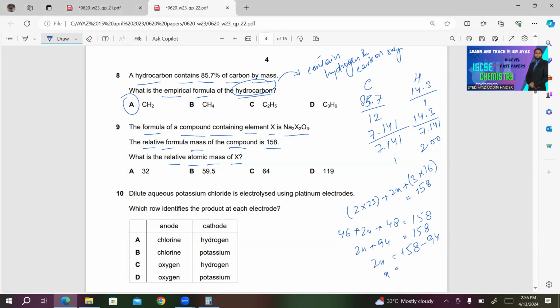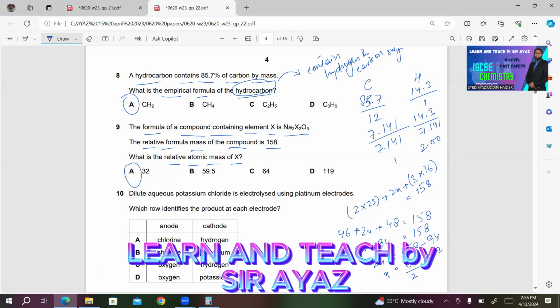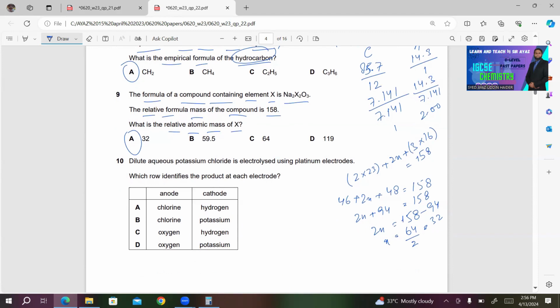So x is equal to 64 divided by 2, which will be 32. So A must be the right answer for number 9. This will be the atomic mass of X.